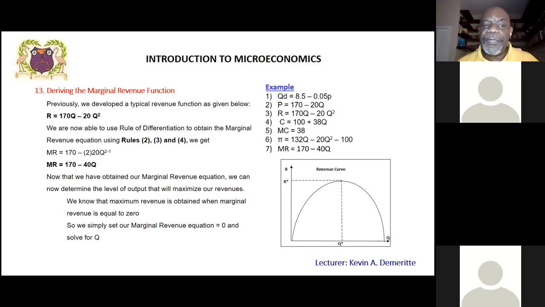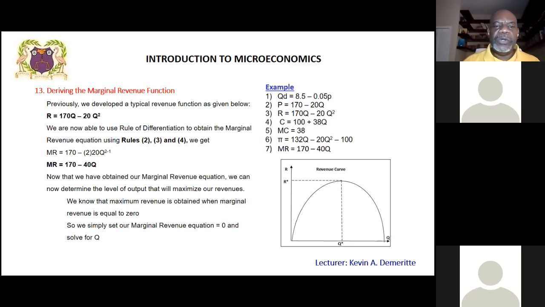Then rule number 3 says, okay, if you have in your function a variable, a letter that's raised to some power, in this case, we got a Q squared. So it says, okay, if that's the case, how do you deal with that? Rule number 3 says you bring that power down to the front of your equation. So I brought the 2 down.